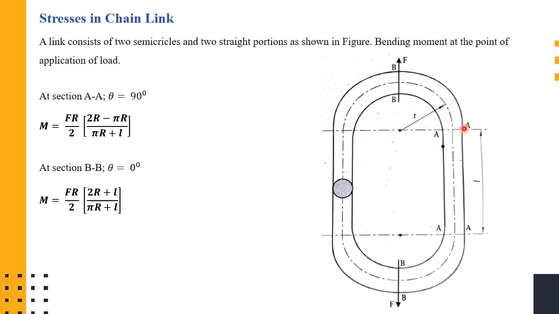Whereas with respect to section AA, due to the tensile load acting, tensile stresses will be generated at the inner fiber and compressive stresses at the outer fiber. So the same condition will also exist here.